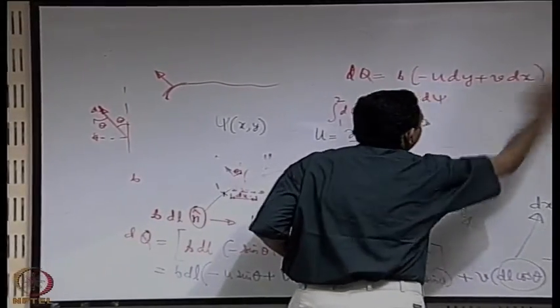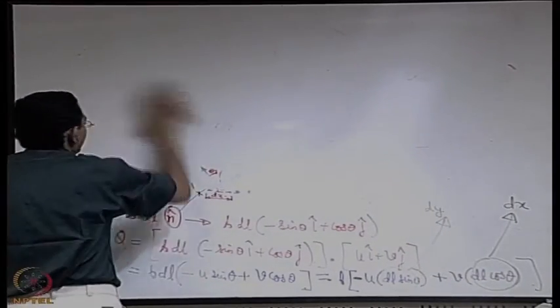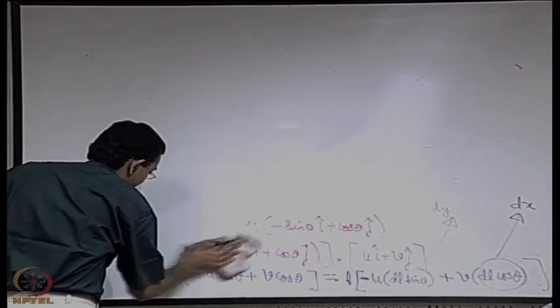So with this background on stream function, let us work out maybe 1 or 2 problems from your textbook related to stream functions. So let us work out maybe one simple problem to begin with.